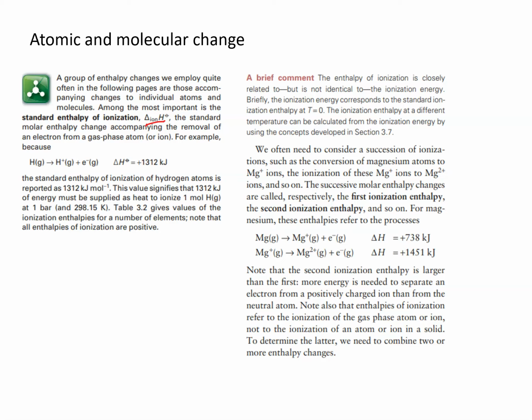For example, because hydrogen gas can transition to a hydrogen cation plus an electron in gas phase, the delta H of ionization for this process is 1,312 kilojoules per mole of hydrogen gas. This is, of course, monatomic hydrogen in the gas phase, not H2 gas, which is a very different example.